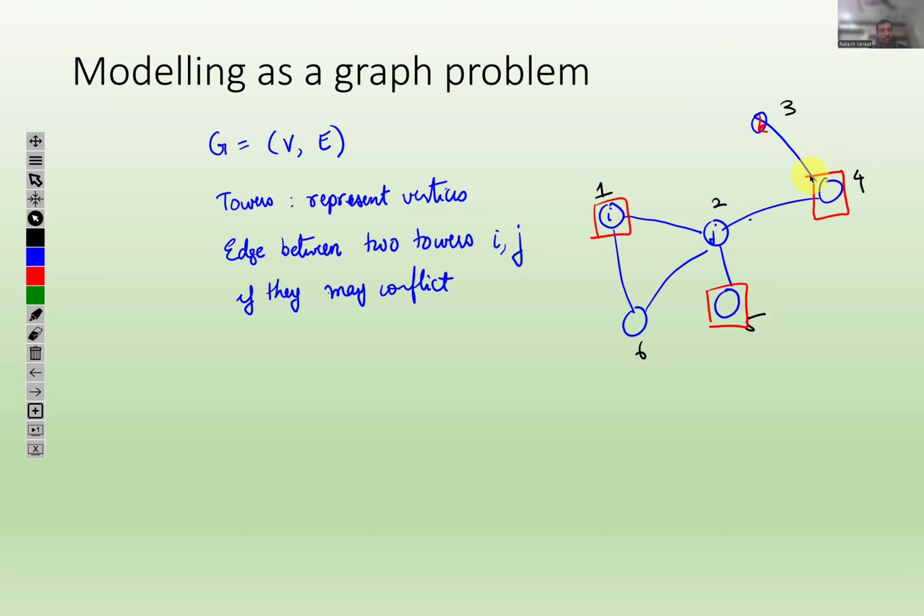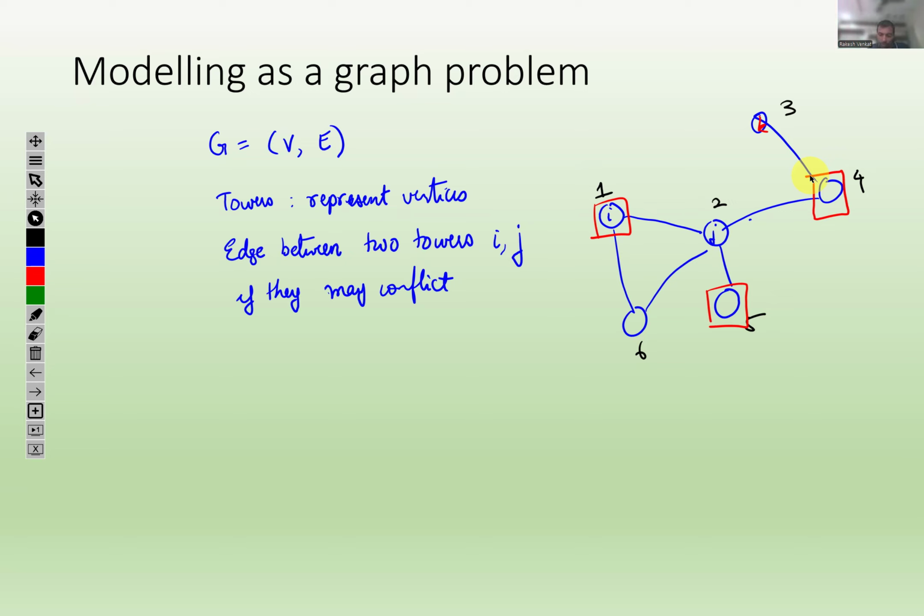Right? Can someone find a bigger set? Are there a set of four vertices or four towers in this layout that can transmit at the same frequency? Well, looks like not, at least in this one that I've drawn.